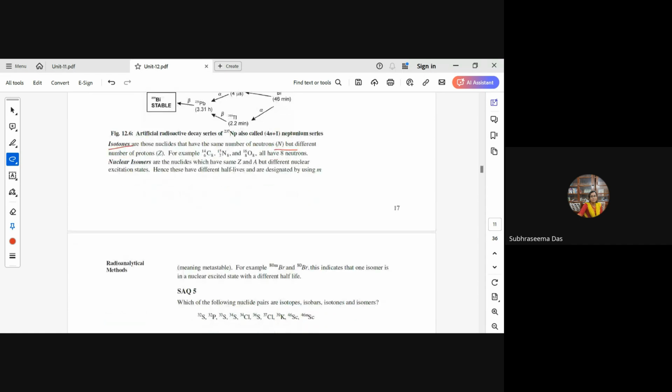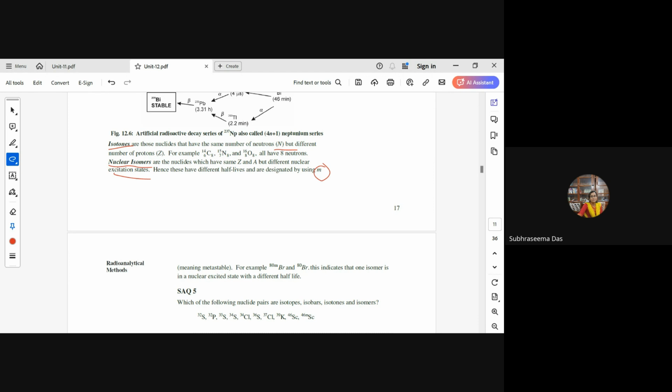The next classification is the nuclear isomers. Nuclear isomers are nuclides which have the same Z and A, but differ in their nuclear excitation states. Thus, they have very small half-lives and they are designated by a small m, which means metastable.